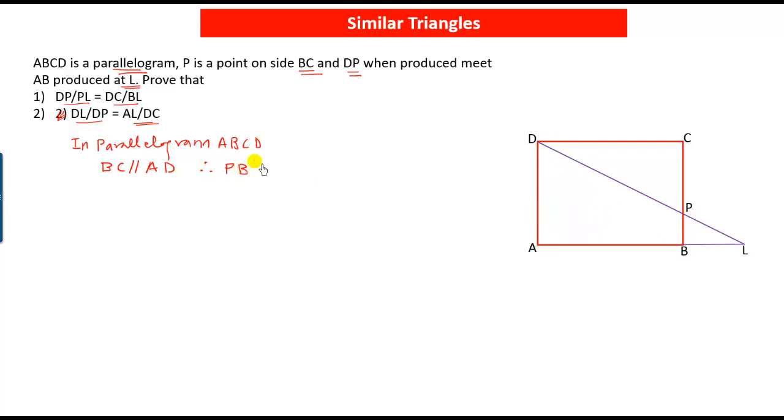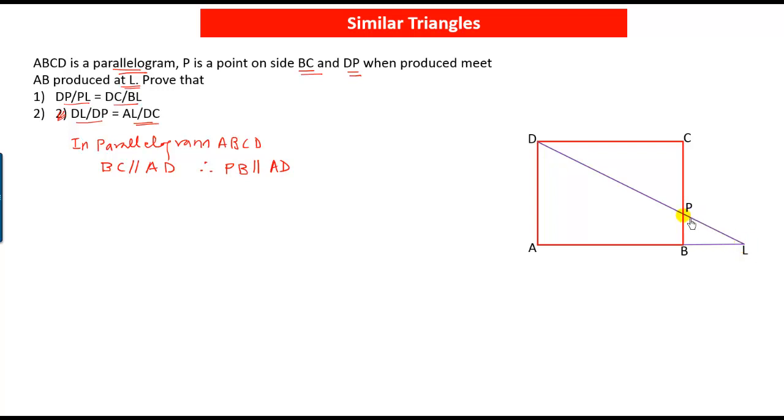Now in triangle ADL, this PB is parallel to AD, means this line is intersecting two sides of the triangle and it is parallel to the third side. Then it divides the two sides in equal ratio by the basic proportionality theorem.